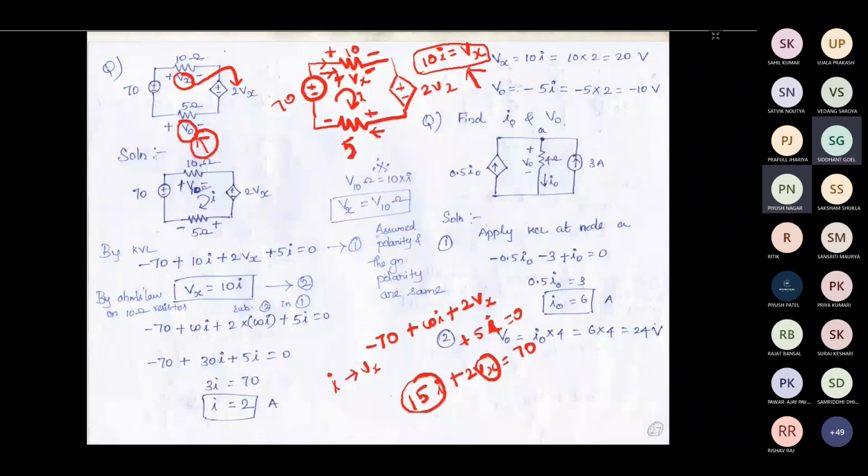So 15I plus 20I, because this 2 Vx is 20I, is equal to 70. Now you will get 35I is equal to 70. So you will get I is equal to 2 ampere.